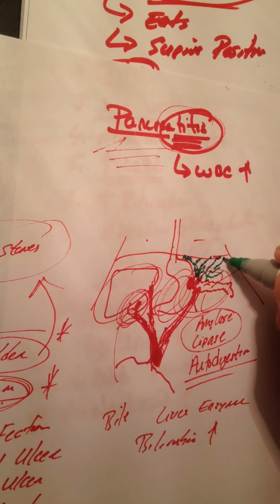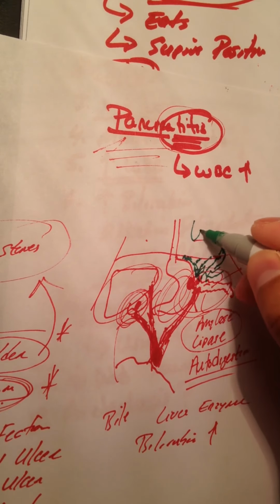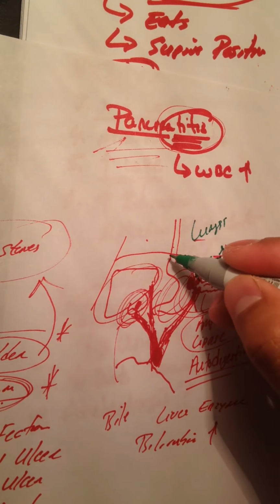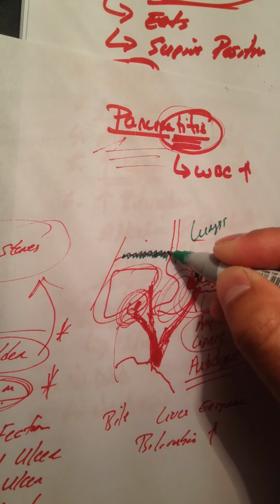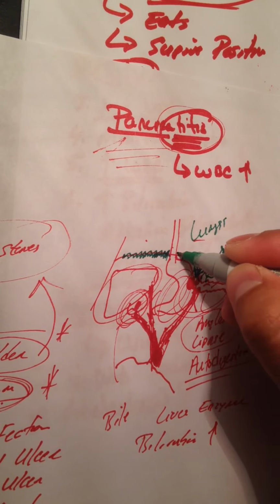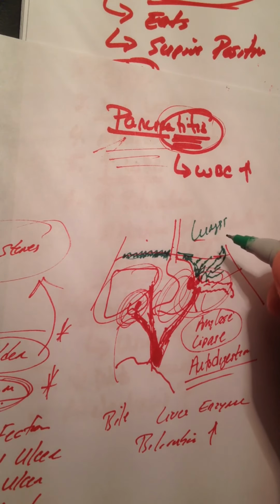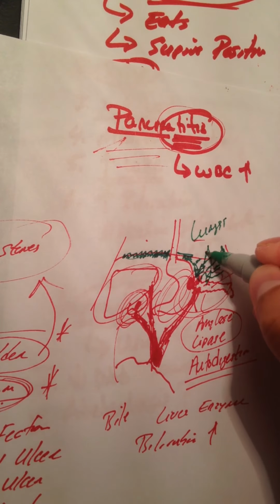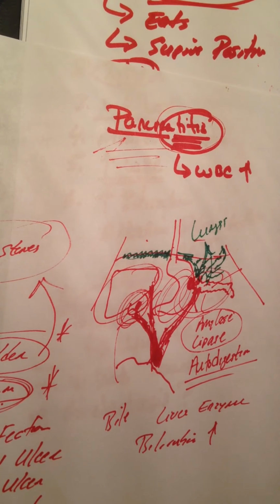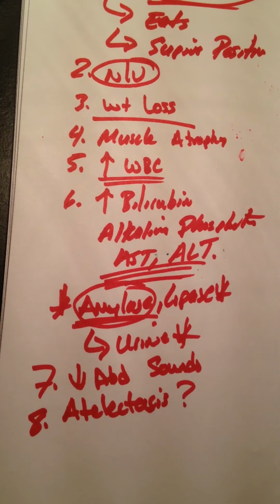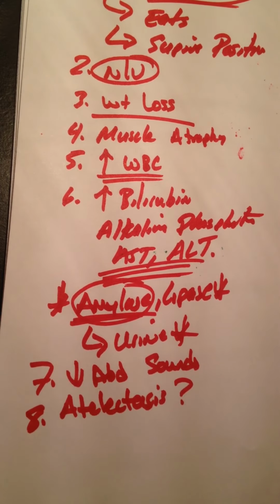They can actually begin to leak into your lungs. You have accumulation of these enzymes here that are again causing damage to the diaphragm region, again to your lungs. So now you get these enzymes in here causing lung problems, making it difficult and painful for your patient to breathe, resulting in atelectasis.